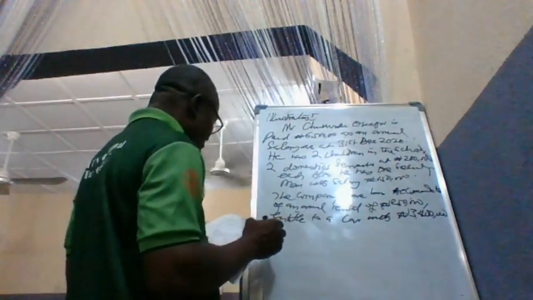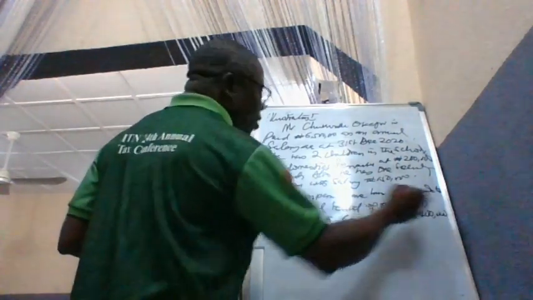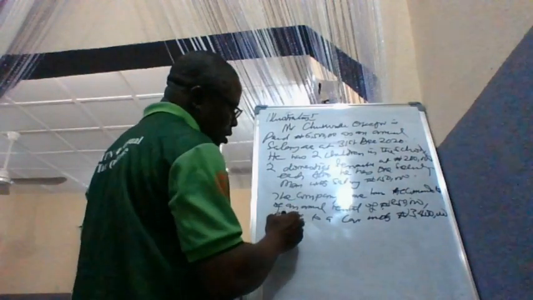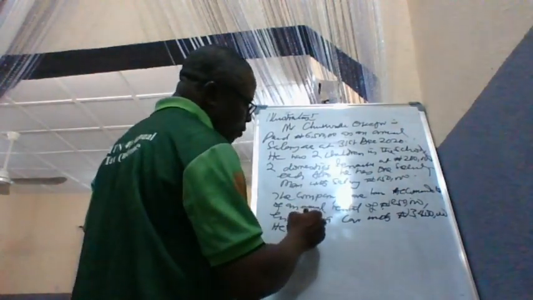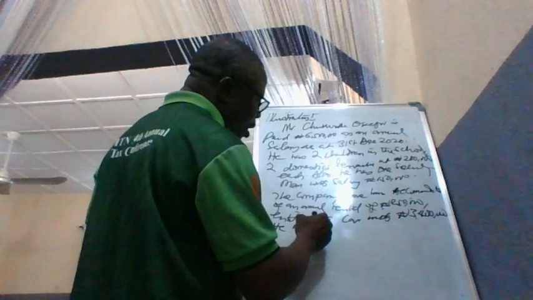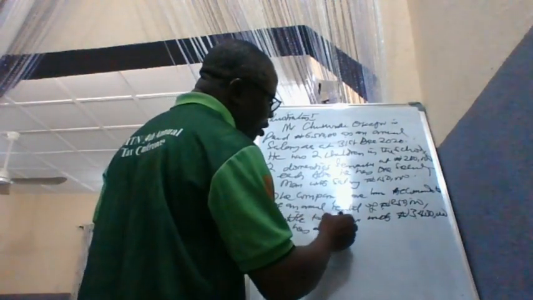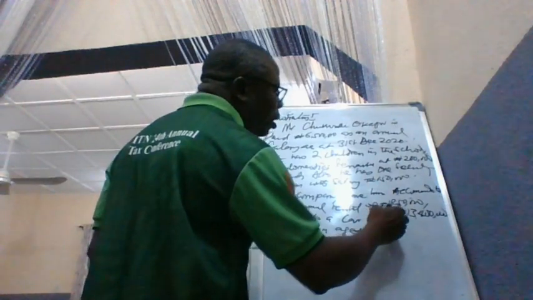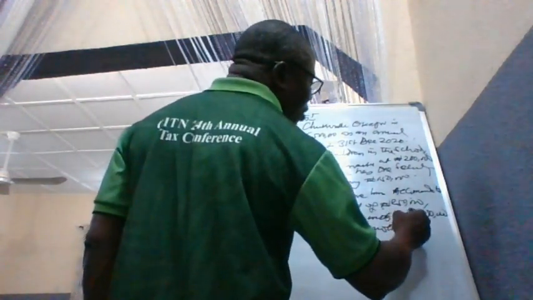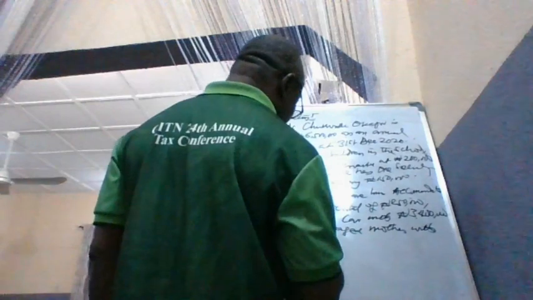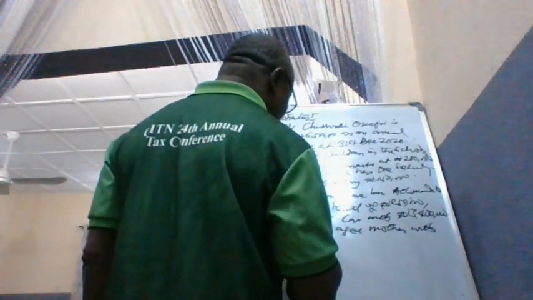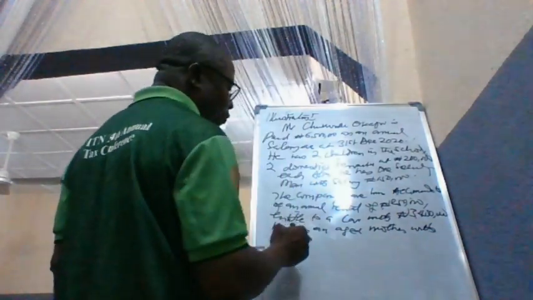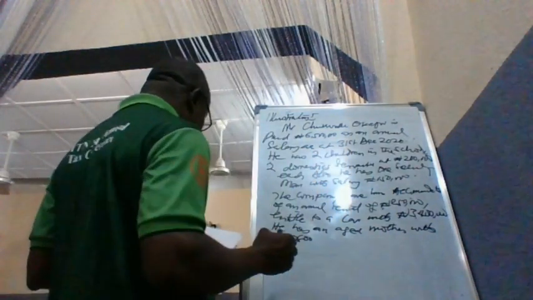Chukwudi also has an aged mother, with 30,800 naira for the aged mother.